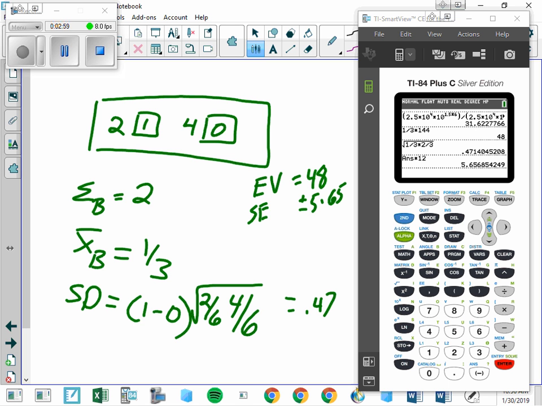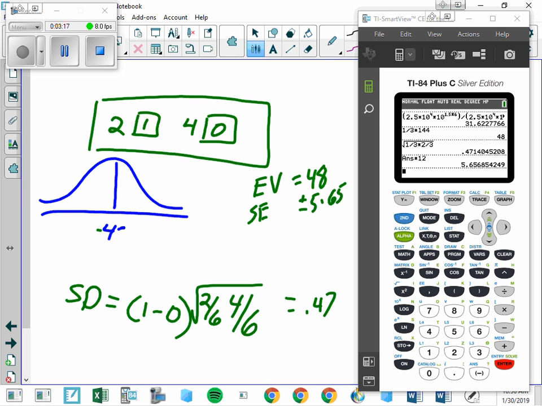Everybody good with that? All right. If many people roll a dice 144 times, what percentage would we expect to earn between 40 and 56? So, draw my normal curve with the average at 48. And then I want to know between 40, which is minus 8, and 56, which is plus 8.